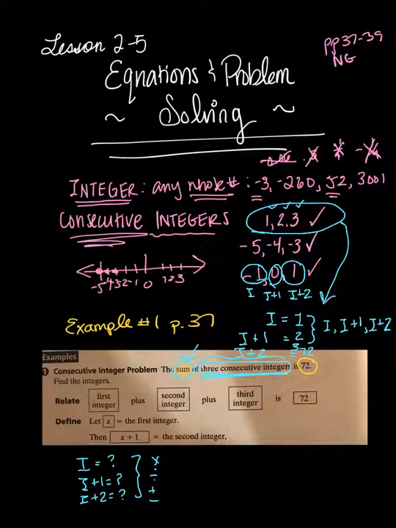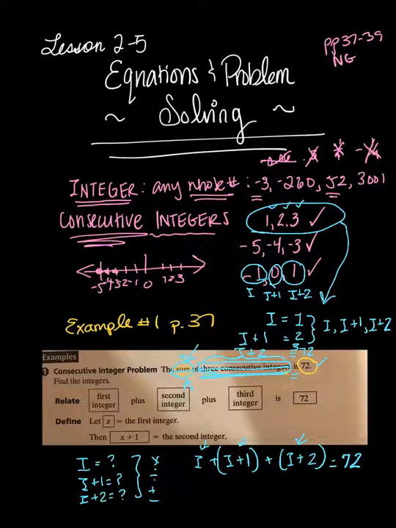So I'm going to take the sum of 3 consecutive integers: I plus I plus 1 plus I plus 2. I have integer 1, integer 2, and integer 3 represented. I'm adding them together. And the equal sign in math is always your equal sign, and it equals 72.